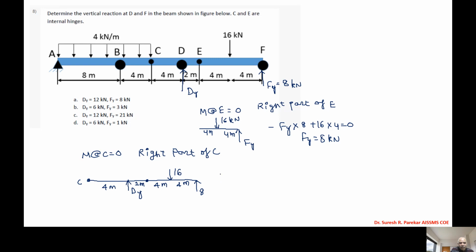Taking moment about C, we have minus Dy into 4 plus 16 into 10 minus 8 into 14 equal to 0. From this we get the value of Dy as 12 kilonewtons. So the option is A: Dy 12 kilonewton and Fy 8 kilonewton.